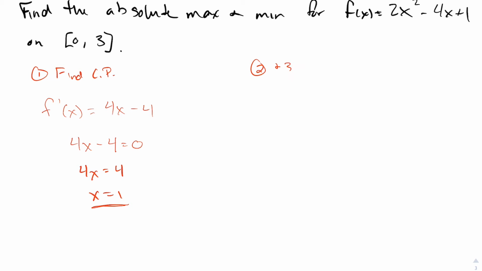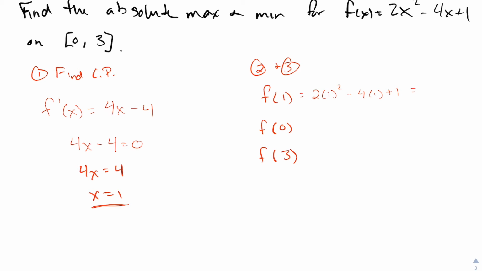For steps 2 and 3, recall what we want to do is find f of our critical point, f of 1. We also want to find f of 0, and f of 3, our left endpoint and our right endpoint. What we'll do is plug that into our function. 2 times 1 squared minus 4 times 1 plus 1.